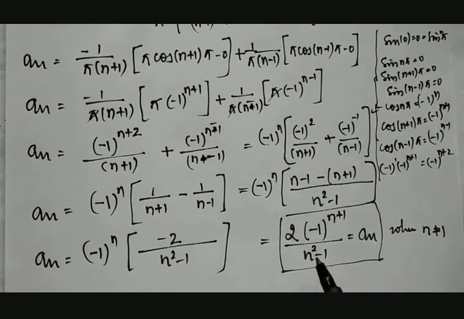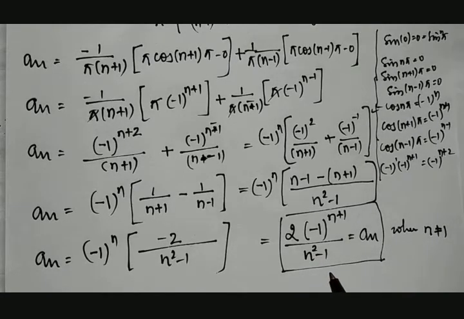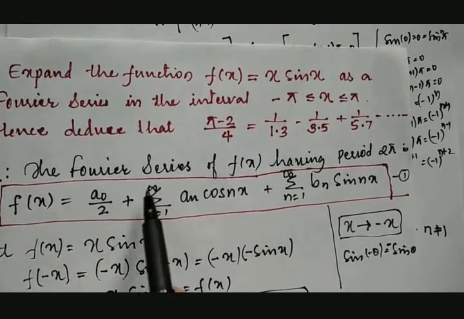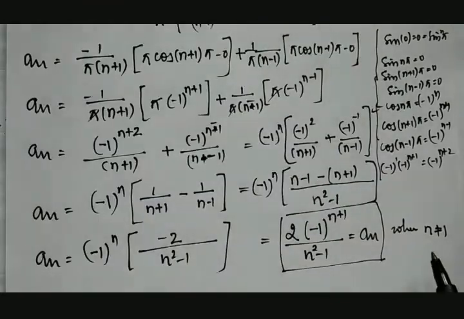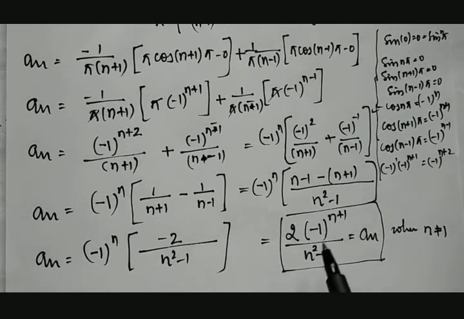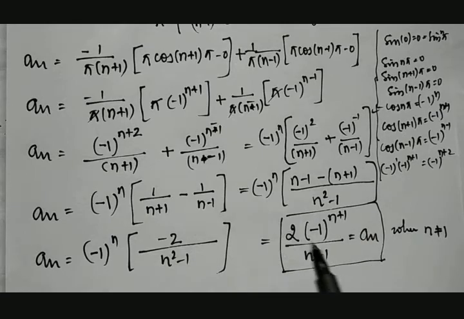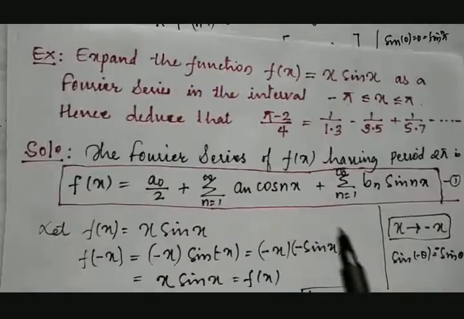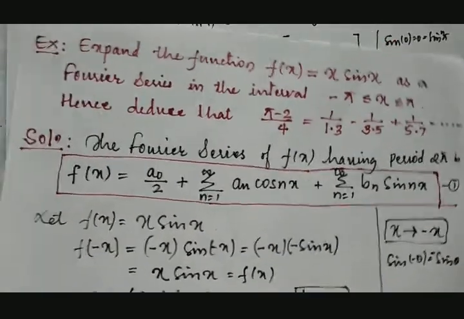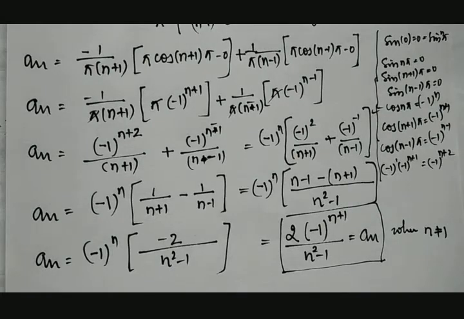But here, as per the summation, there is a possibility of summation from n equal to 1 to infinity, meaning if n becomes 1, then 1 minus 1 will be 0. If the denominator becomes 0, the entire an value becomes infinity. If this becomes infinity, when we substitute this value here, the entire function becomes infinity. That is the threat for the continuation.